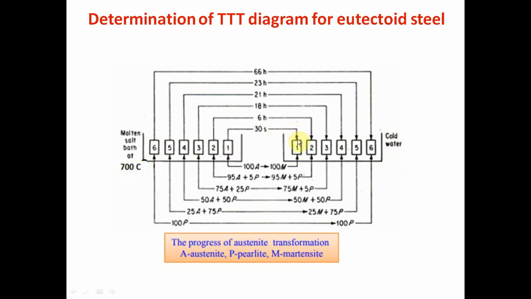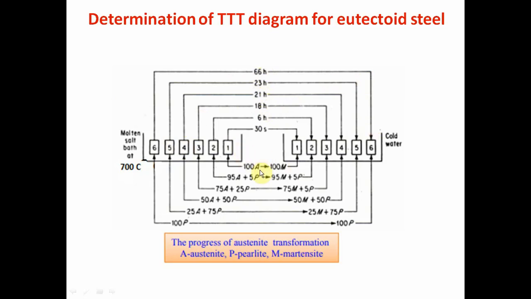So this indicates a specific time interval after which the specimens are taken from the second bath and quenched in the third water quenching bath. These 30 seconds, 6 hours, 18 hours, 21 hours, 23 hours and 66 hours are different time intervals after which the specimens are taken out from the second bath and immersed in the water quenching bath.